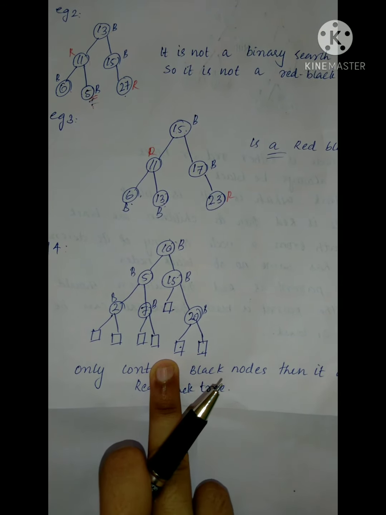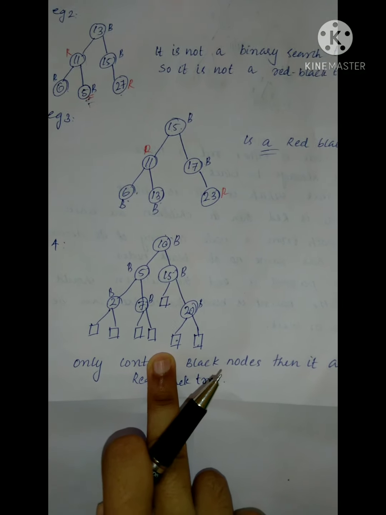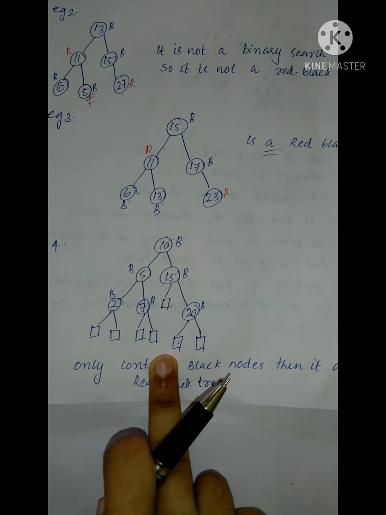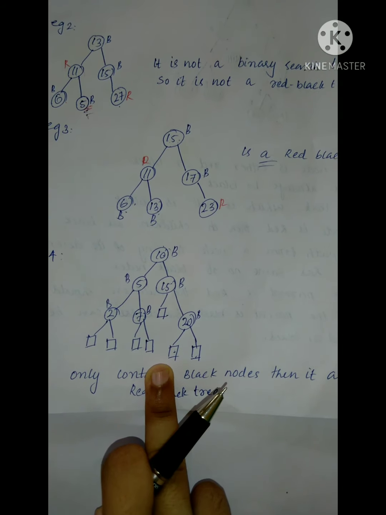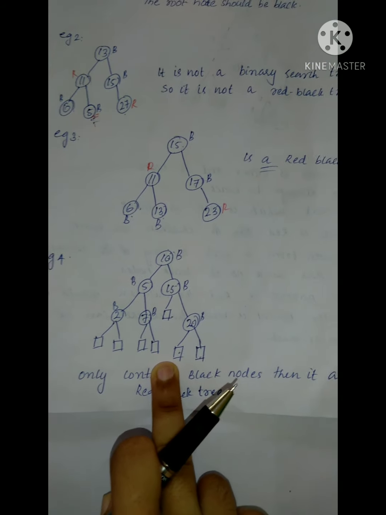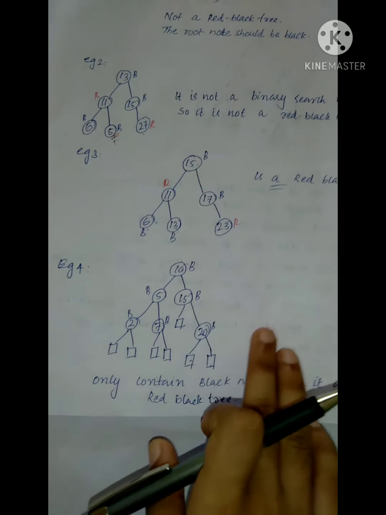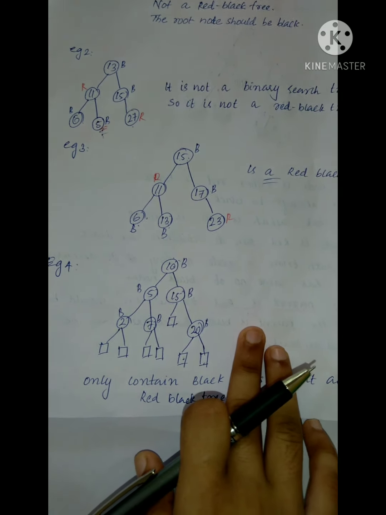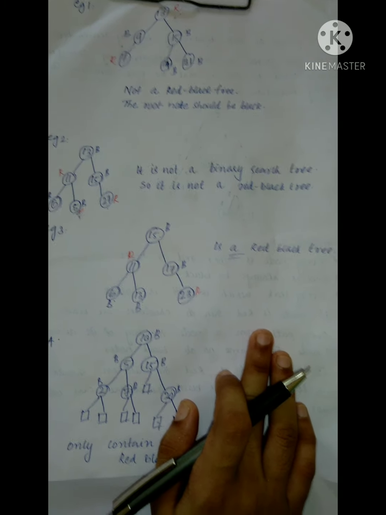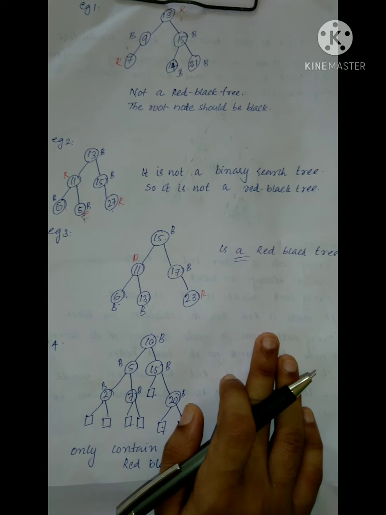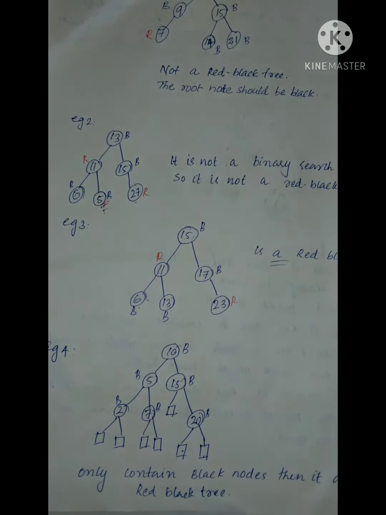Only black nodes are there. First of all, we think that this is not a red-black tree because it doesn't contain a red node, but this is a red-black tree because it follows the properties of a red-black tree. Then we can go to the insertion or creation of a red-black tree in the next session.